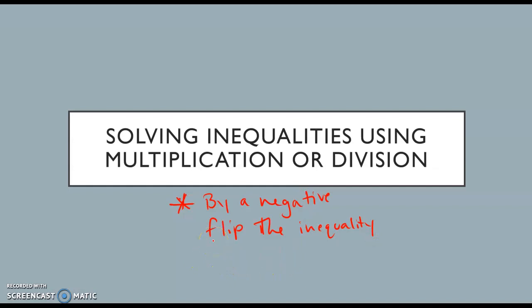We have an example of that in here, but that is something to keep in mind: when we multiply or divide by a negative, we're changing the value of the entire sides, and so that changes the inequality itself.